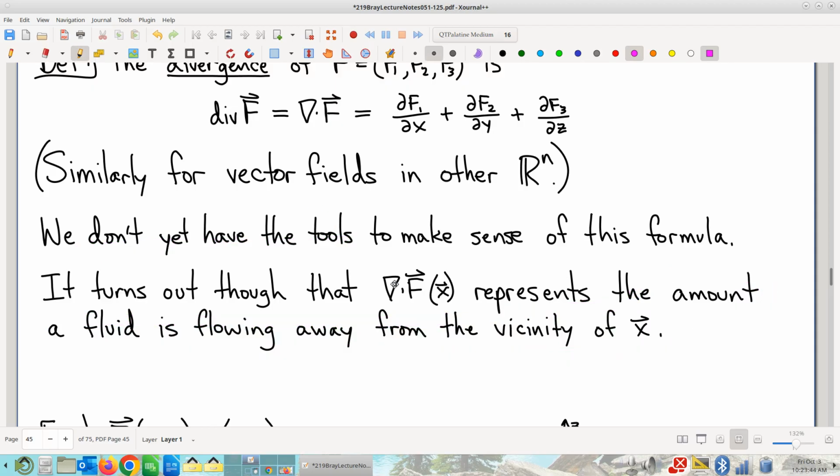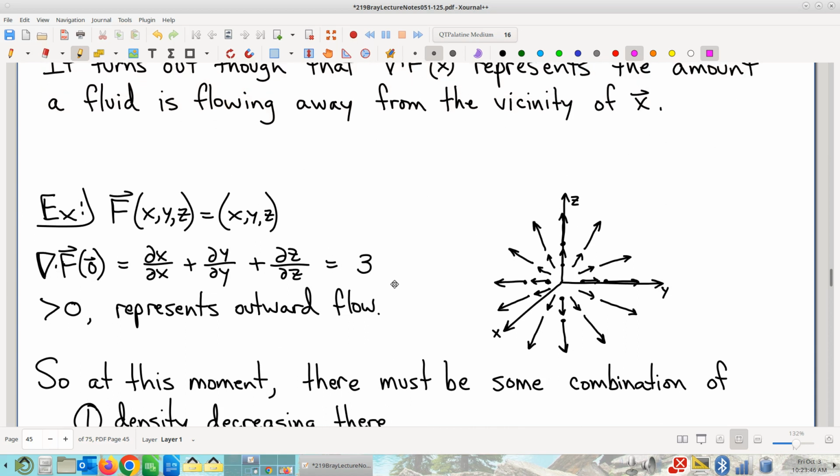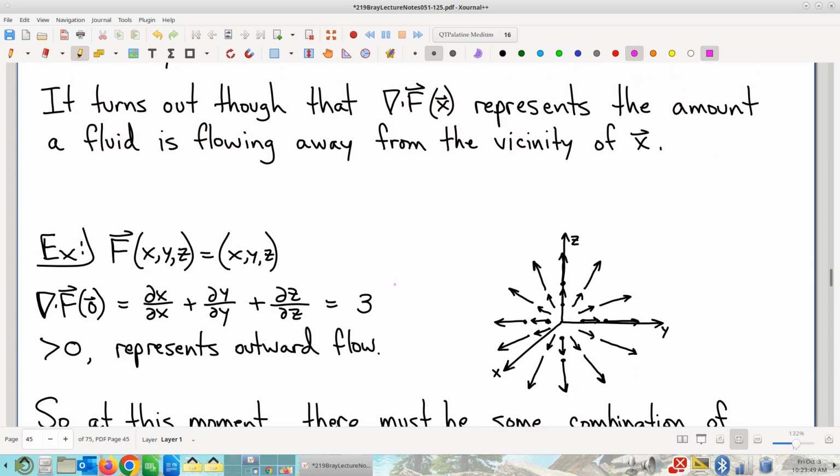Okay, so here's an example. Let's see here. Why don't I do it like this? So vector field given, and we're going to take the origin, right there, and I'm going to compute the divergence of this given vector field, which, again, by the way, we're looking at a picture of there.